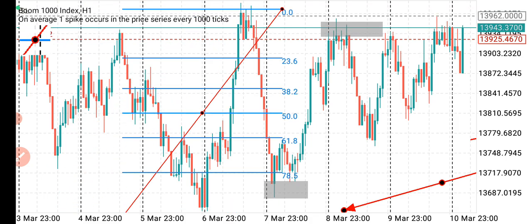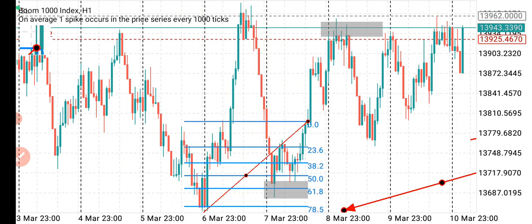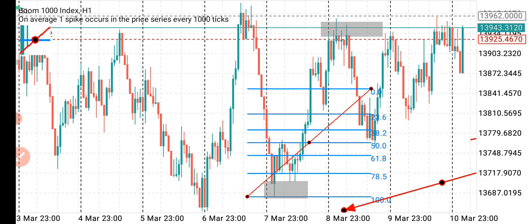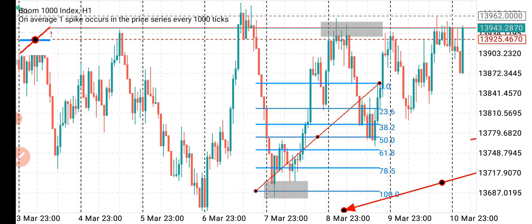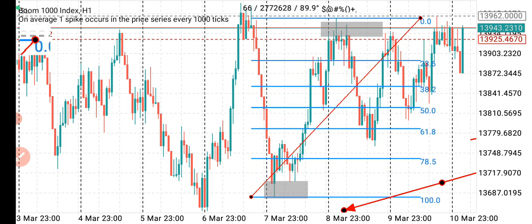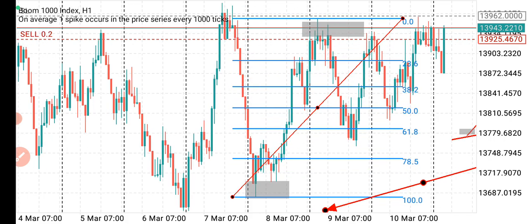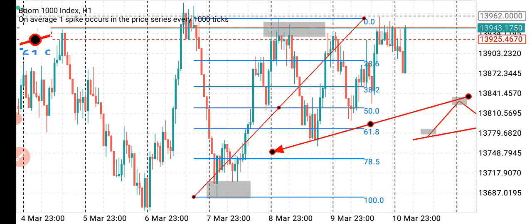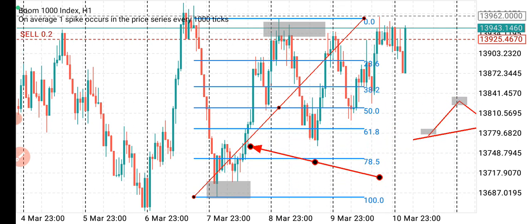So now carefully carry our Fibonacci indicator, put it on that wick, and then on this other wick. Perfect. Now let's look at what happened.